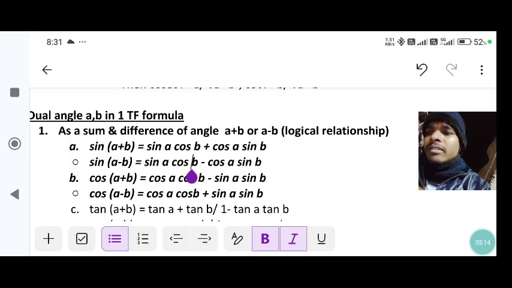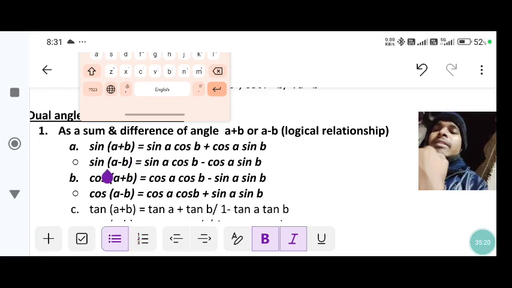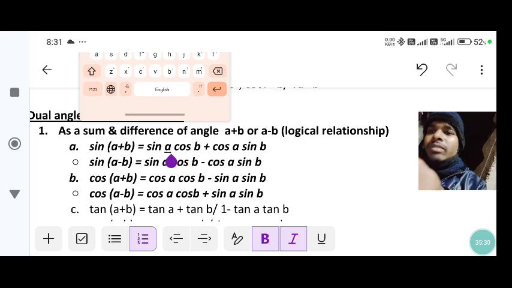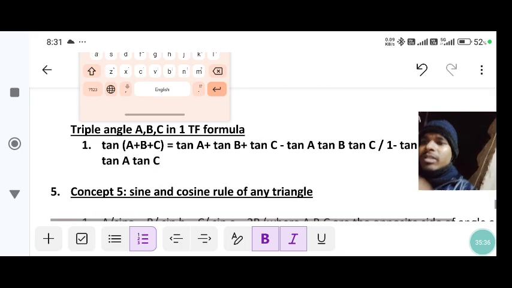It is like that a plus b we are introducing as c, and a minus b we are introducing as d. Then the sum will give the front portion and the difference will give the back portion. But the angle for a will be c plus d by 2, and for b it will be c minus d by 2. Here also the same thing will occur. So till here we are completed.